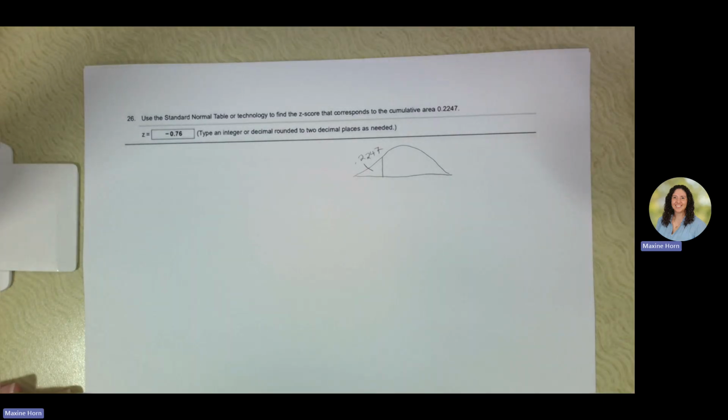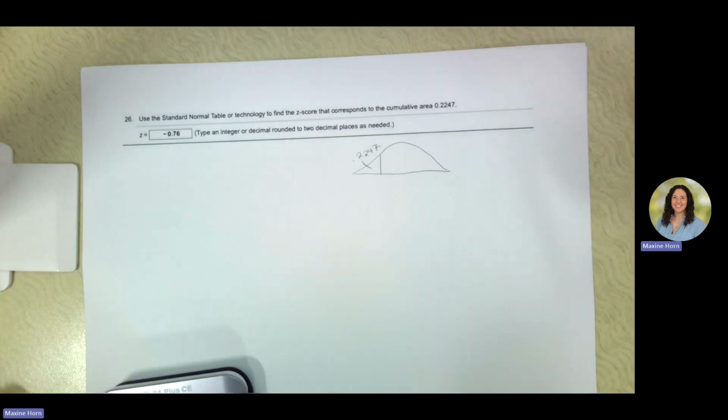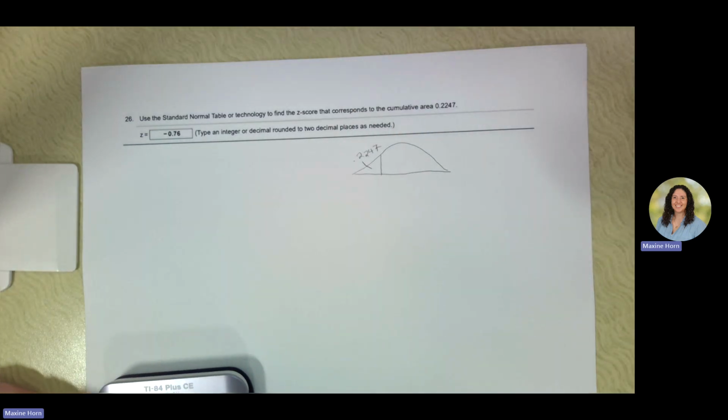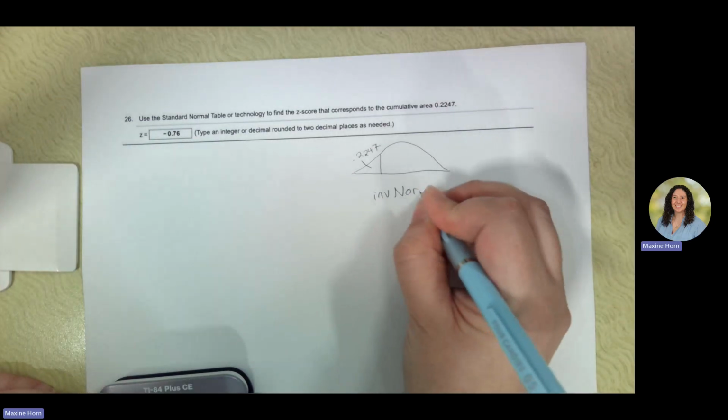So again, we could use a chart. We could look this up in the body of the chart and find its corresponding Z value, Z score. Or what we could do is use the inverse norm, the tool we just used.